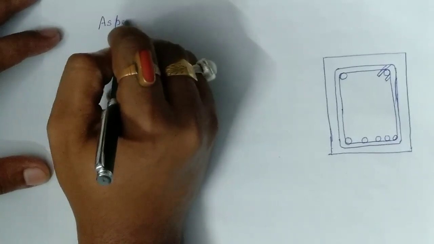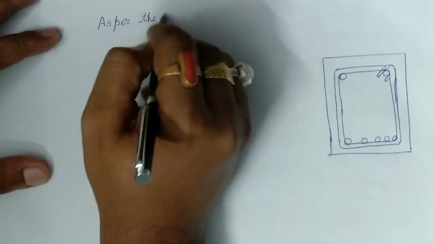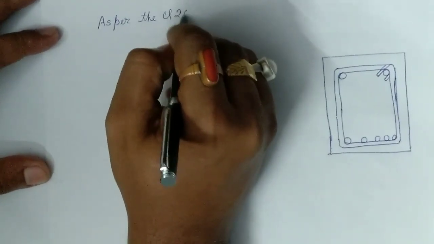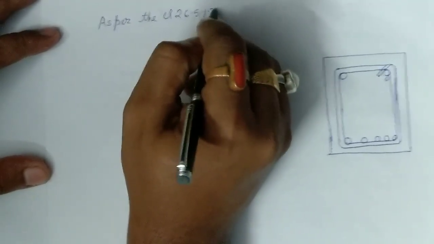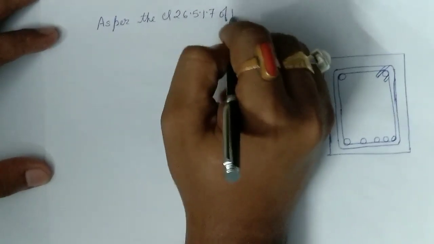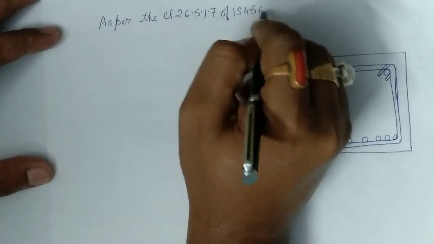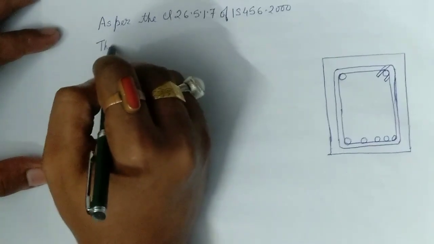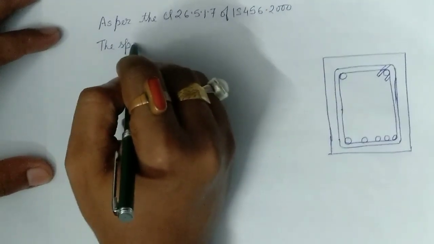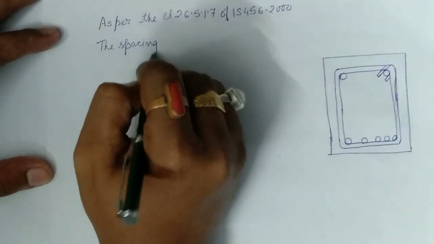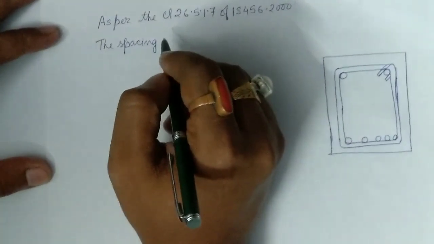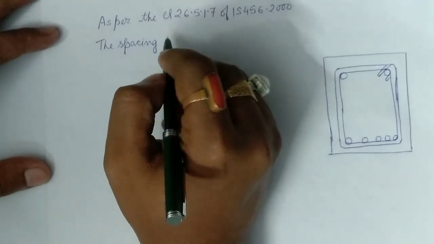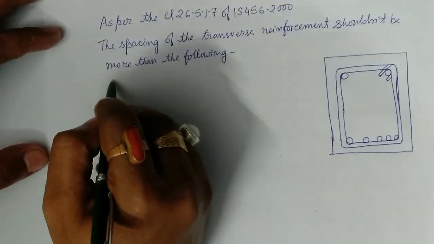As per clause 26.5.1.7 of IS 456:2000, the spacing of transverse reinforcement should not be more than the following.